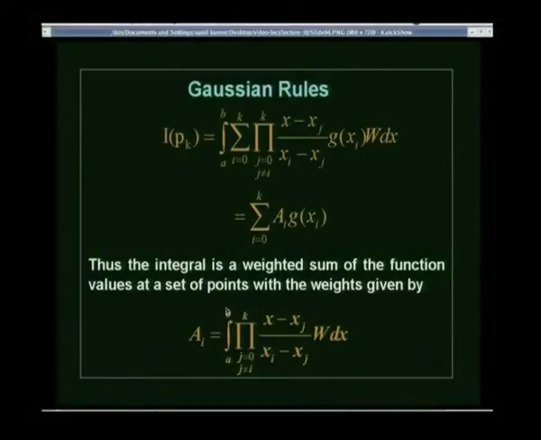And then we can write that as the sum of ai g of xi, with the weights given by the integral of this part. Now the g of xi comes out of this integral because the integral is over dx, so it's only the function of x, integral over x. This is the only part which is a function of x, so we can take that out. So then we can write this in this form with a of i given by this quantity.